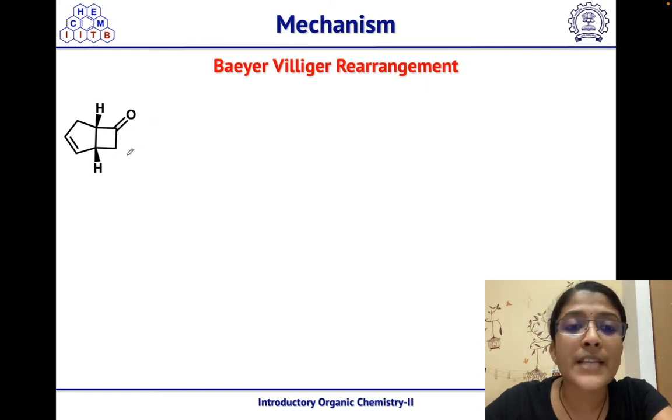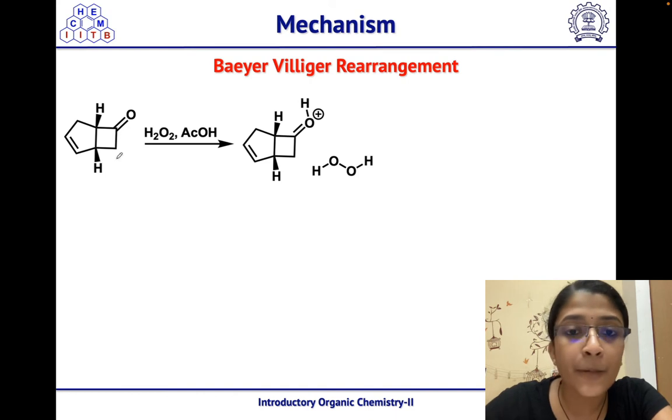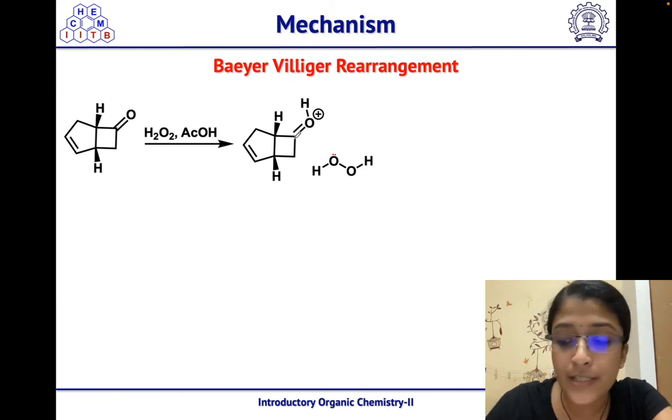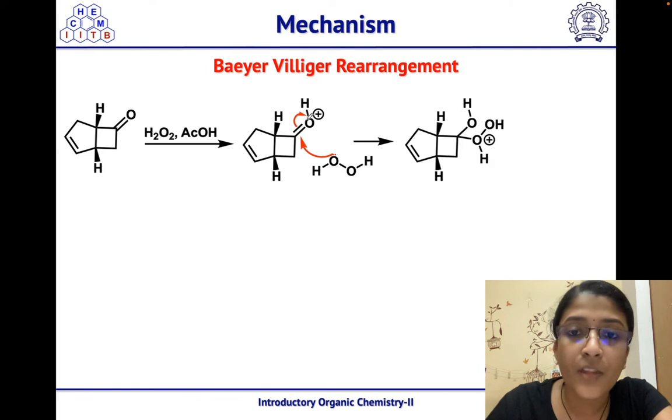So, this is our starting material. In the presence of H2O2 and acetic acid, first this will get protonated by acetic acid, and the lone pair of electrons on H2O2 can attack this carbonyl and neutralize the positive charge on the oxygen. So we will get a system like this.